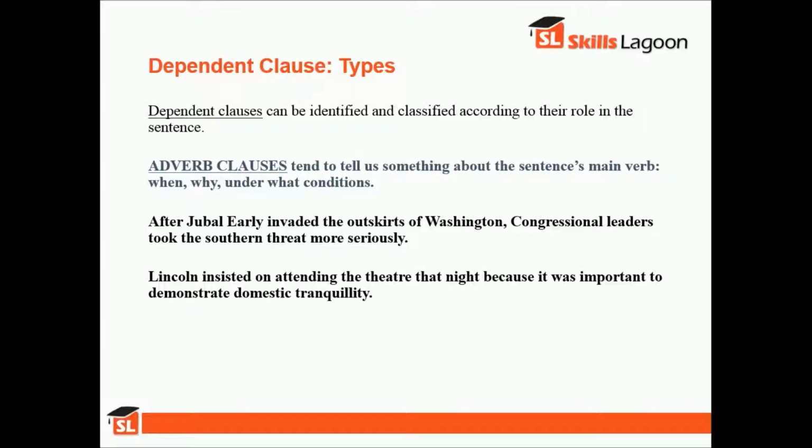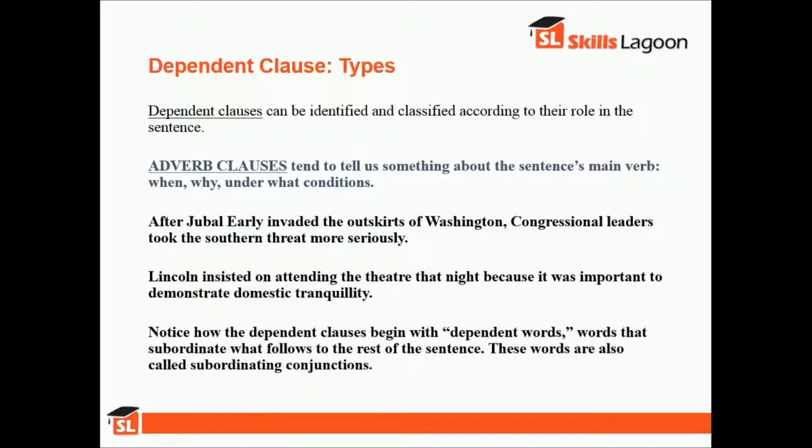As a result, this is an adverb clause which answers the question why. Notice how they begin with dependent words. For instance, the first one begins with after, the second one begins with because, and these words are, just to reiterate, the subordinating conjunctions.